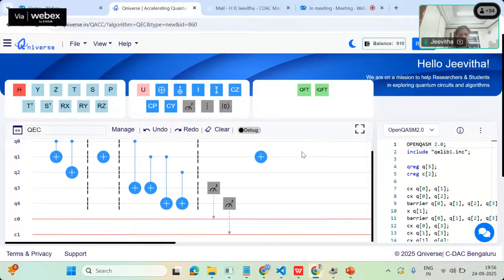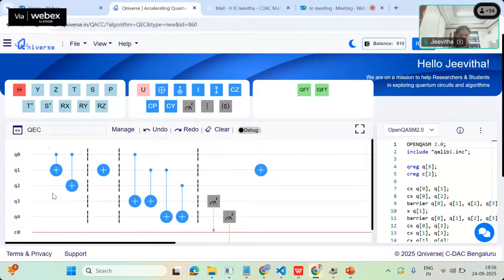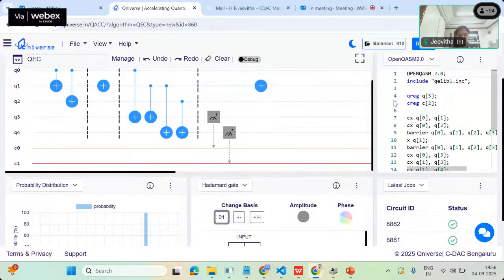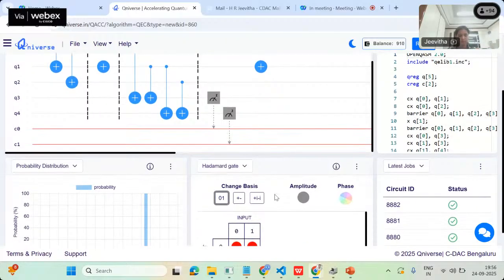This will be the circuit where this part is what we saw as the encoding part, here is the error introduced, and this is the syndrome measurement. You measure only the syndrome bits. Based on the syndrome measurement, you apply the correction.